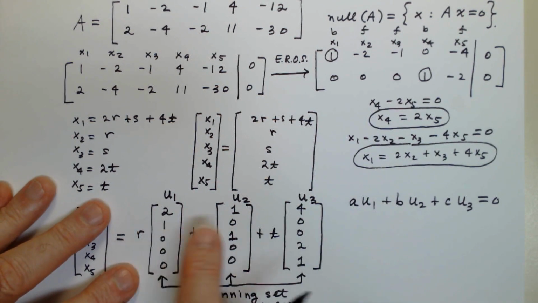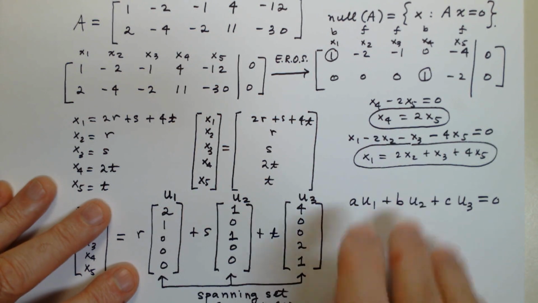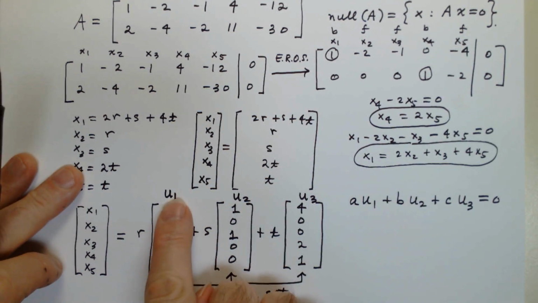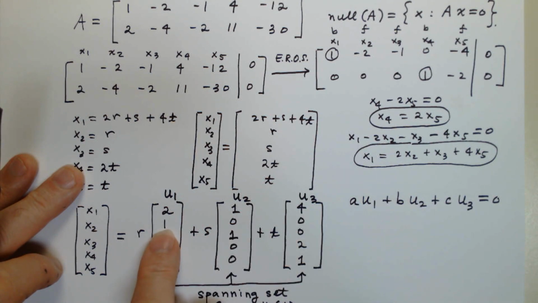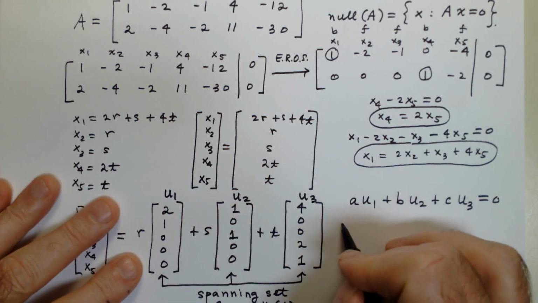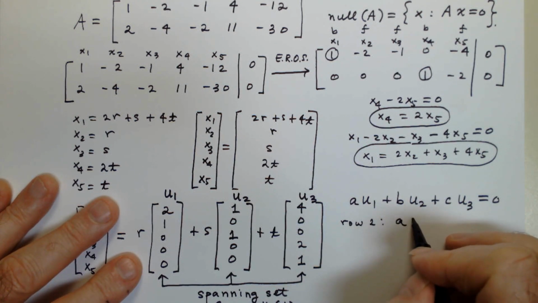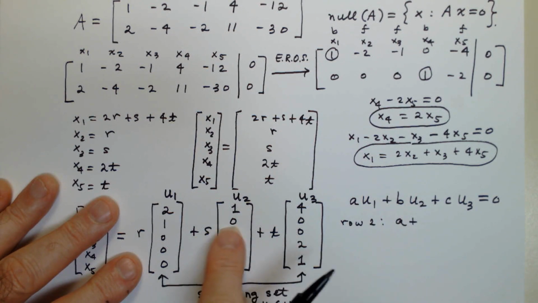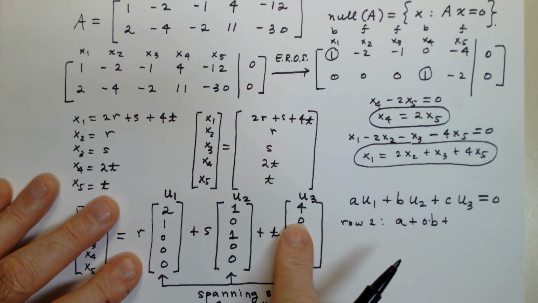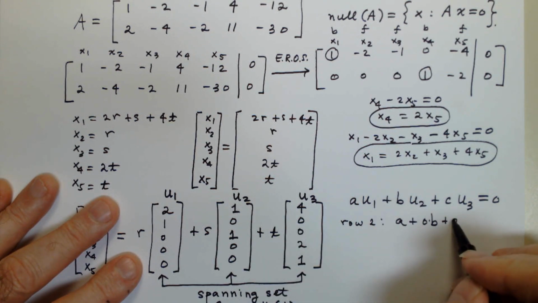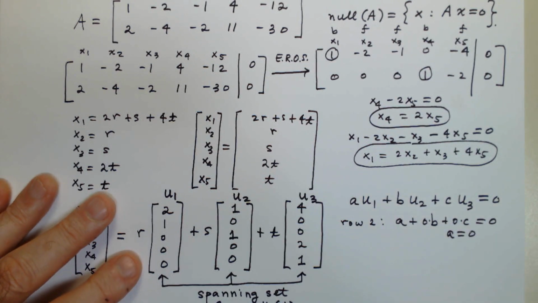Let's look at row 2, row 3, and row 5 in this equation. So if I take this vector u1 and I multiply by a in row 2, I'm going to get a. I'm going to have b multiplying 0. And I'll have c multiplying 0. And that shows us that a is equal to 0.